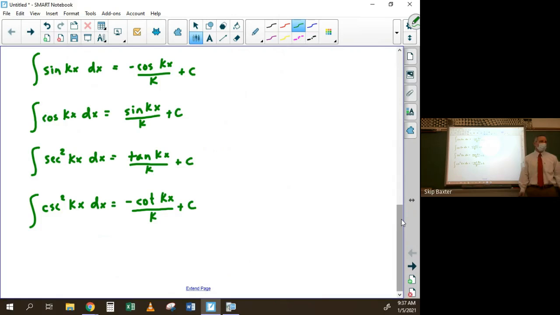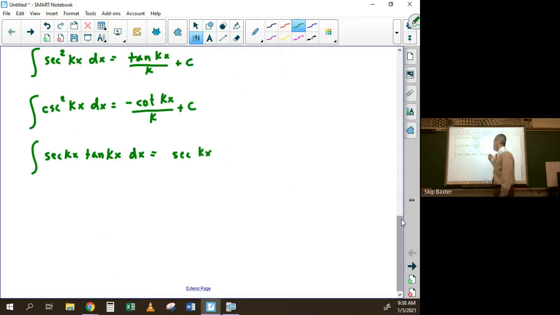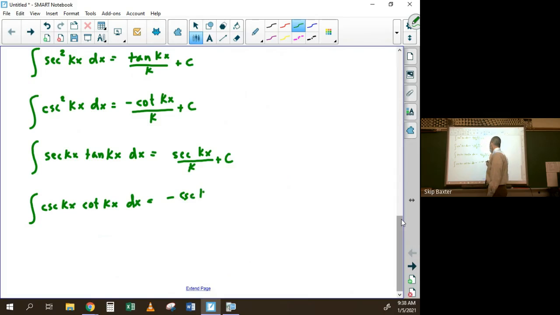I'm just hurrying through this because hopefully you remember them. And then there's two more. The integral of secant kx tangent kx is secant kx over k. And the last one was the integral of cosecant kx cotangent kx is negative cosecant kx over k.